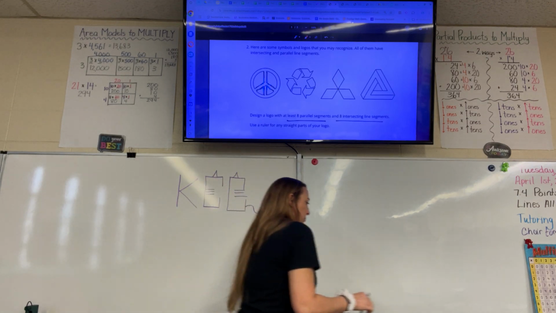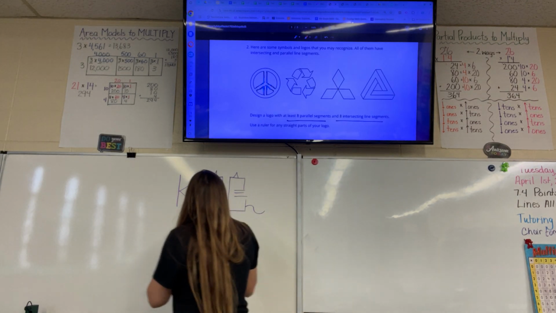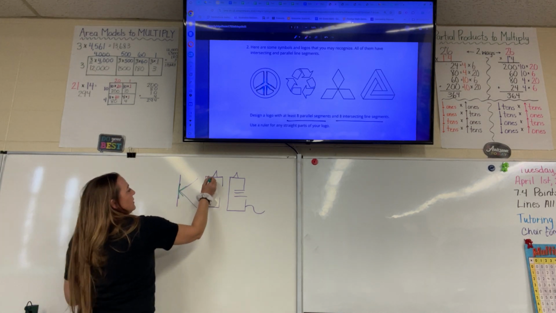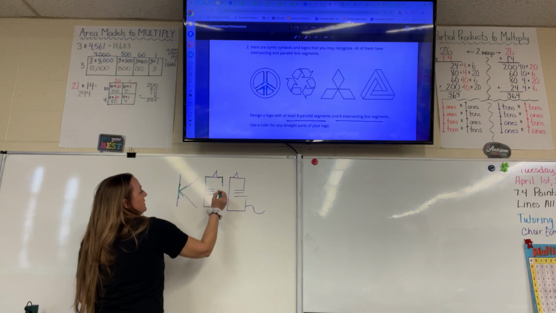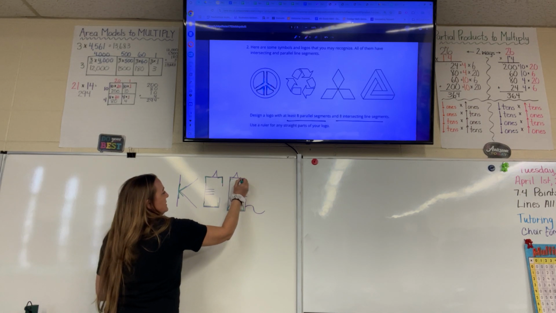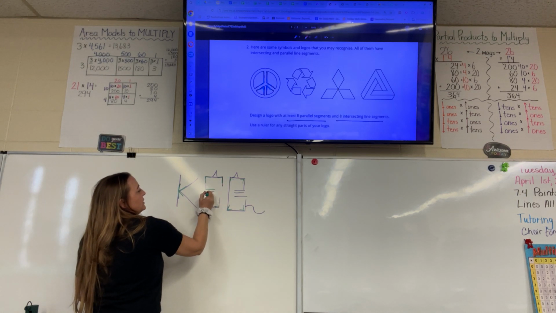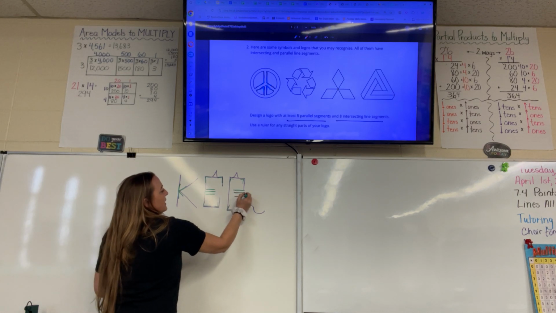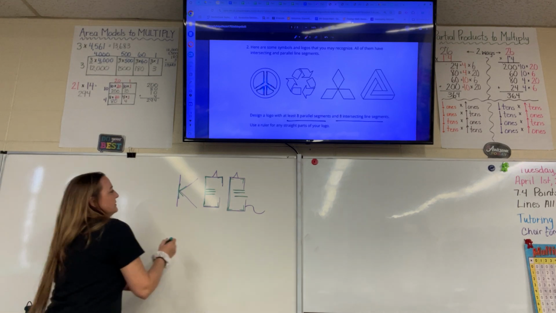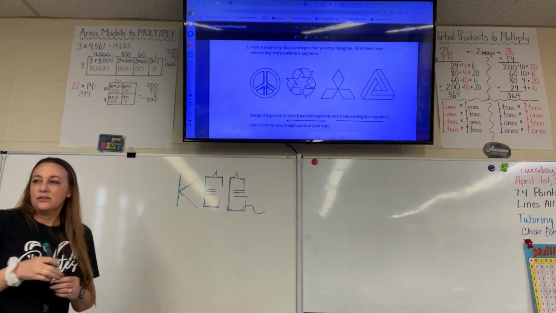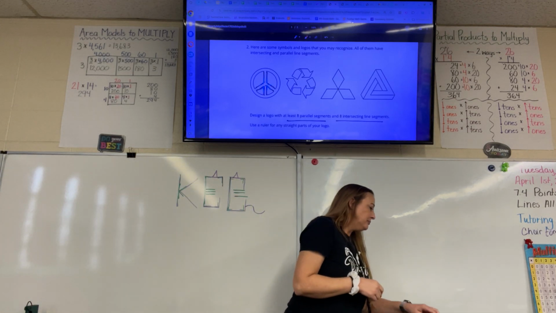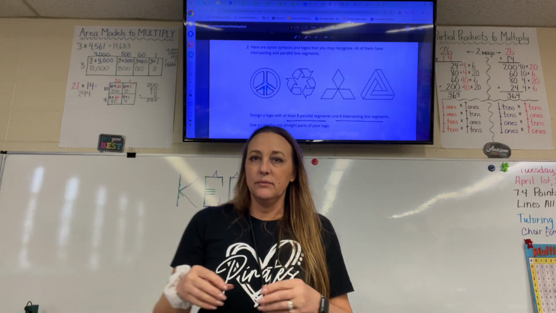For Kylie's, intersecting would be 1 through 20. Parallel could be 1 through 6, and then 7, 8, 9. That could be parallel with those other lines. So, that's what you're gonna do. Let me turn this off.